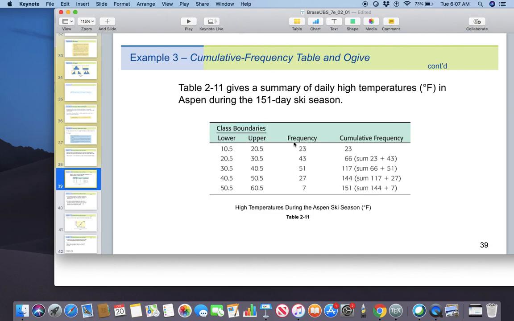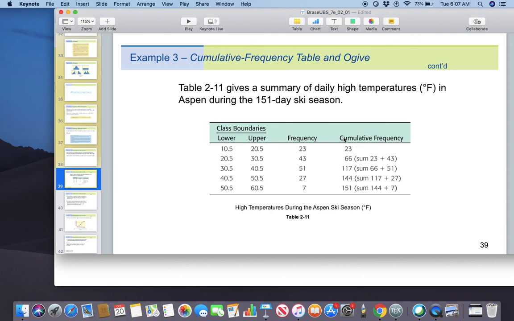So here we go. You have the frequencies, you have class boundaries. You write down the frequency so far. So that's what cumulative is. Whatever frequency you have so far, you write it down. Here, you write it down and add the previous one. For the first one, there was nothing previously. But for the second one, you add the previous.